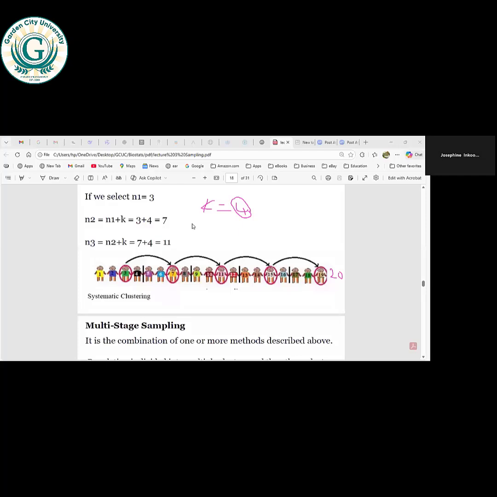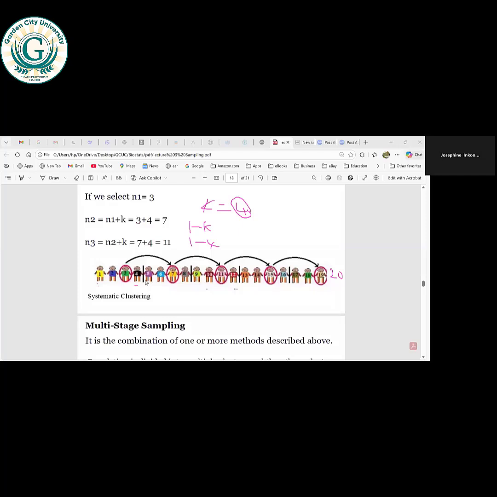For it not to be biased, you need to start from 1 up to k. We know our k to be 4, so we can start from 1 to 4. You can start from any point. But you don't just start from number 1 because you know that person's folder.